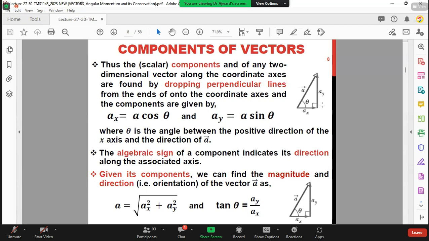So now you just learned how to find the components of a vector if you know the vector's magnitude A and the angle theta. But you can also do it in reverse. If you know the components of a vector, you can find A, the magnitude of the vector, and the angle theta using tan theta equals Ay over Ax, because tan theta is Ay divided by Ax, right?